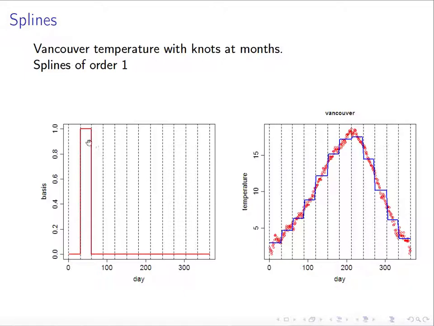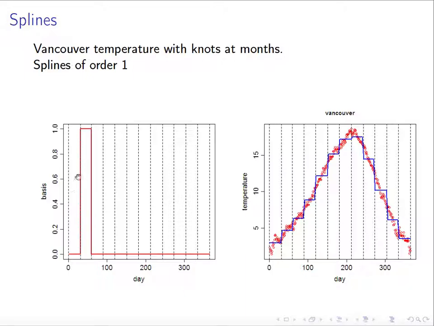In each segment, we will have an order m polynomial function. Here, this is the order 1 polynomial spline basis function. In each segment it is an order 1 polynomial, basically a degree 0 polynomial, a constant 1 function.